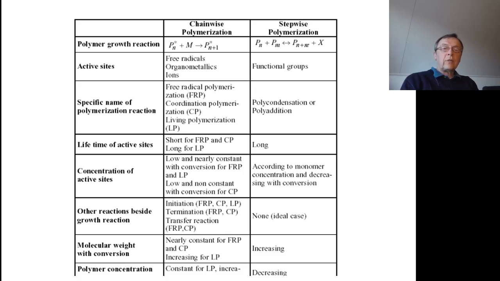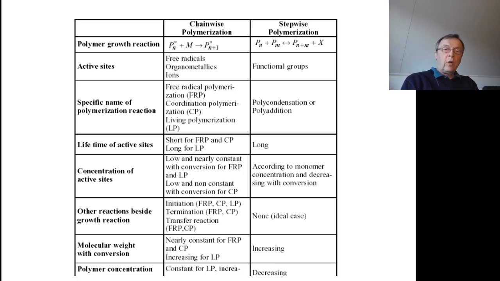Or we can use catalysts, usually transition metal complexes, in a so-called coordination polymerization, because these catalysts have free active sites where olefins can be coordinated as an additional ligand, and then one monomer unit after the other joins this complex and forms a macromolecule.